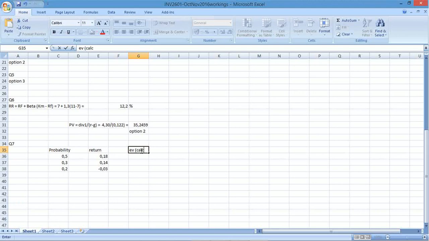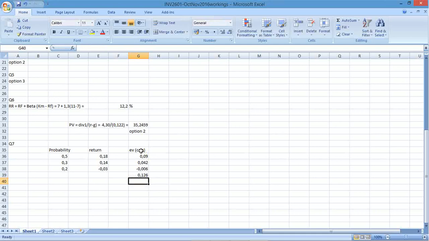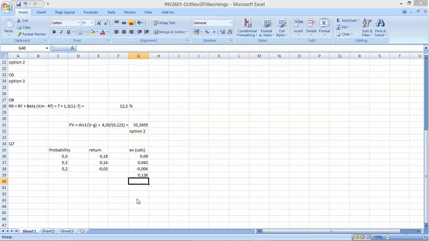Expected value calculation: this times that for all of them, and then sum up. 12.6%, option 3.